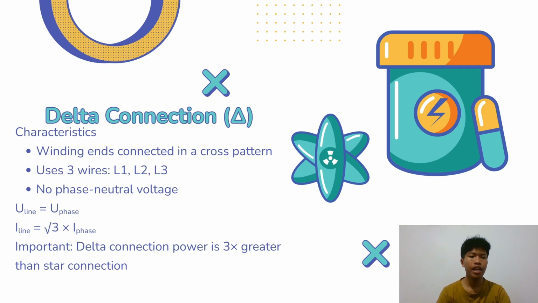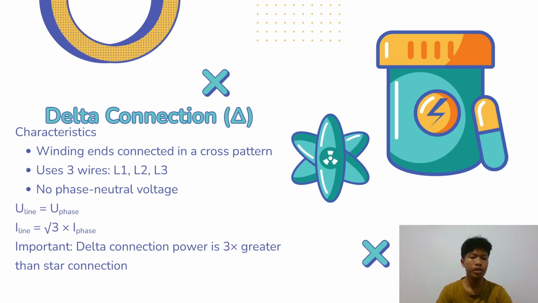Delta connection has three characteristics. The first is the winding ends are connected in a closed loop pattern.